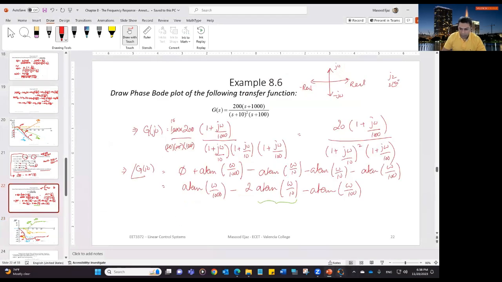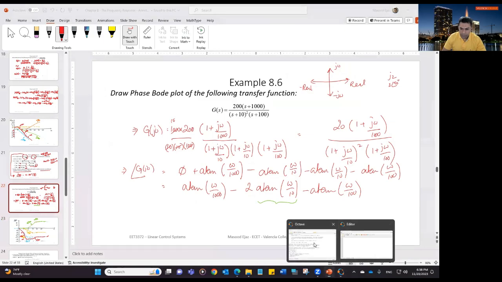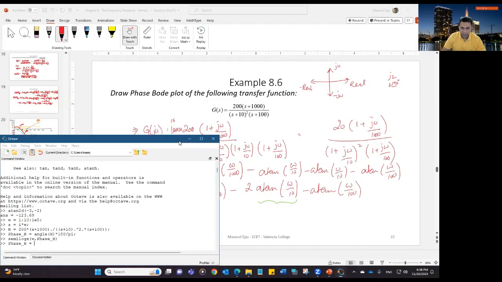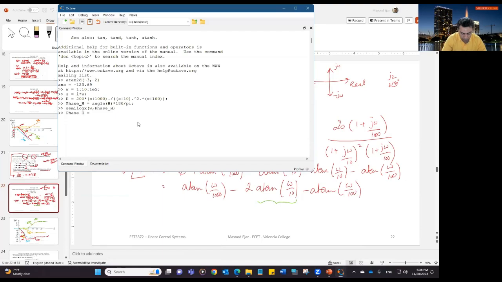All right, so we have omega over 1000, so we have atan2d of omega comma 1000, minus 2 times atan2d of omega, 10, and minus atan2d of omega over 100.